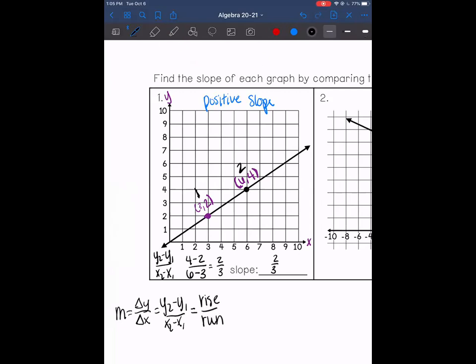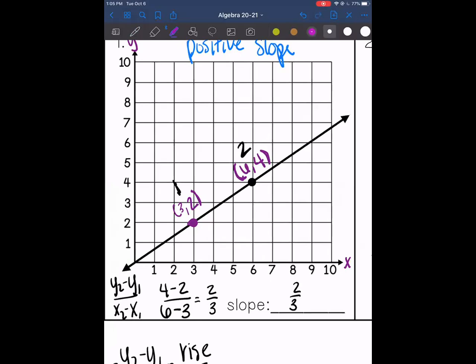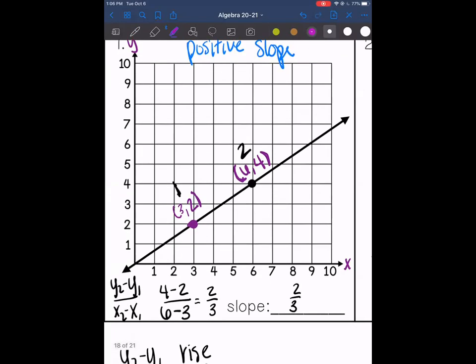What that looks like, especially easier on a graph, is, okay, from the first point to the second point, how many units did I rise? Let's use a different color so we can see it. We went up 1, 2, and then how many units did we run, or go over, to our next point?